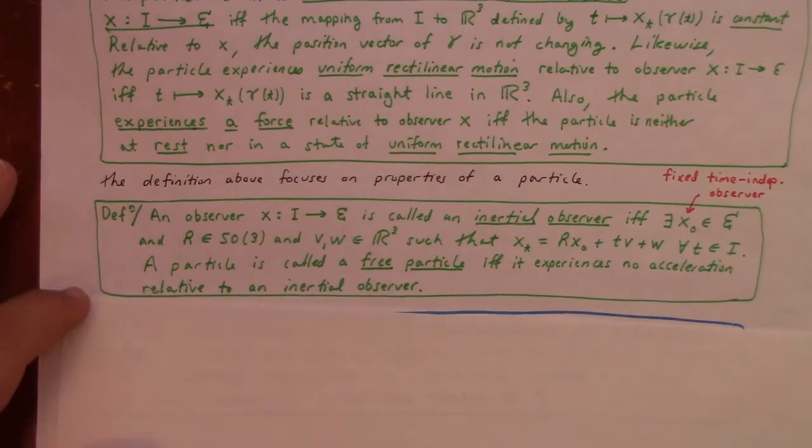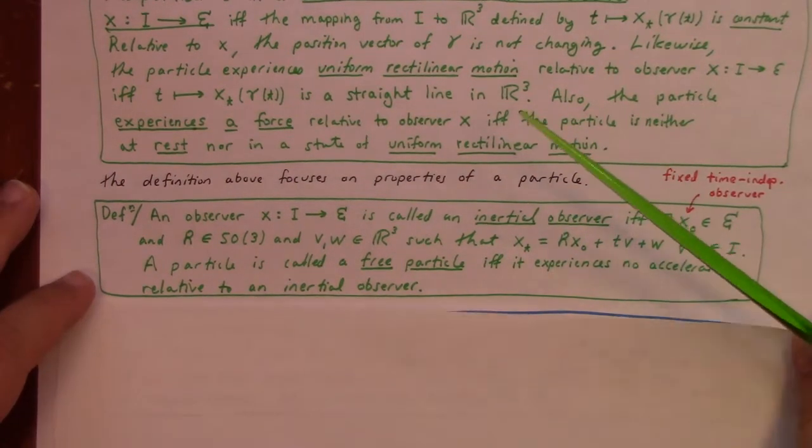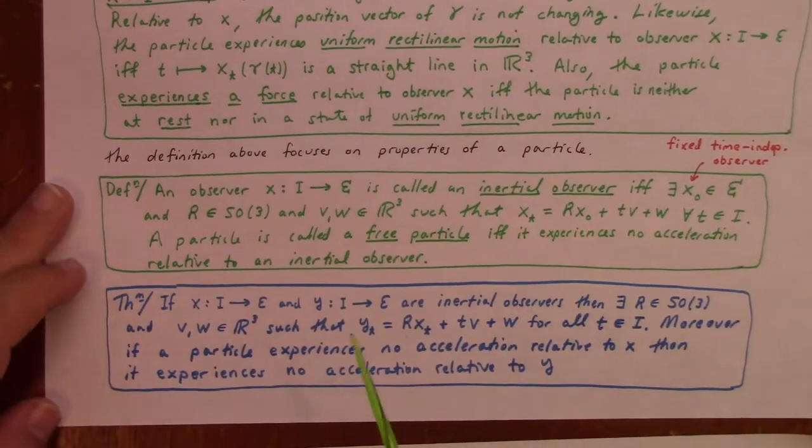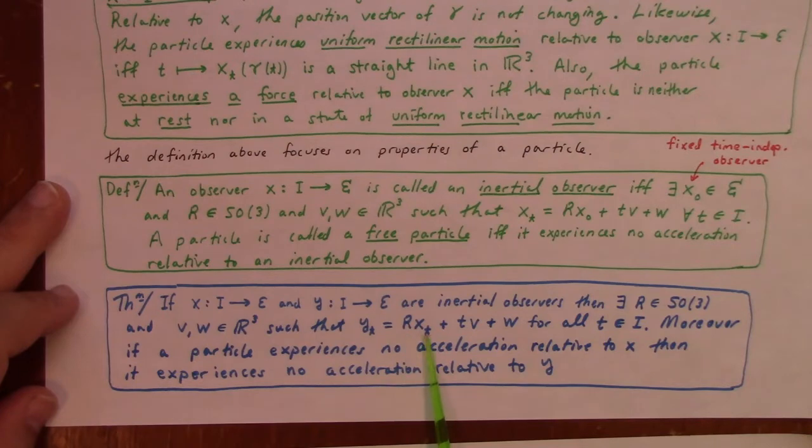Now, all right, so theorem. If x and y are both inertial observers, then there exists R, a rotation matrix, and v and w vectors such that y of t is equal to R x of t plus tv plus w for all t.